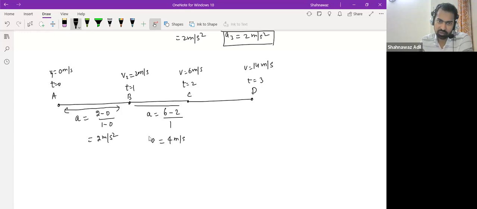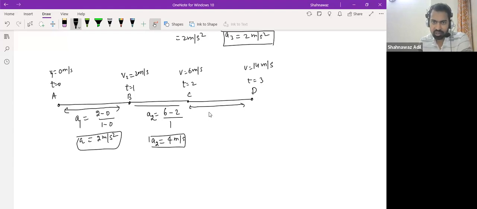This is A2, right? And then in this journey, what is the acceleration, Amna? 8 meter per second square.